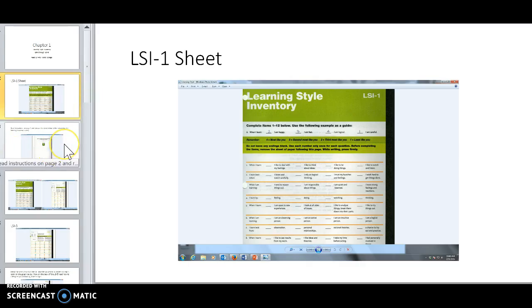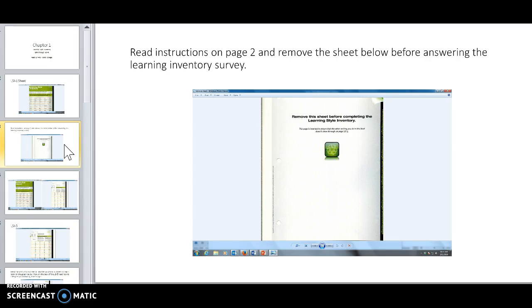So, before we jump into our learning style inventory and you begin answering those questions, I do want to let you know that you need to remove a sheet that is between LSI1 and LSI3, and it looks something like this. So you have to remove this sheet in order to begin answering your questions.